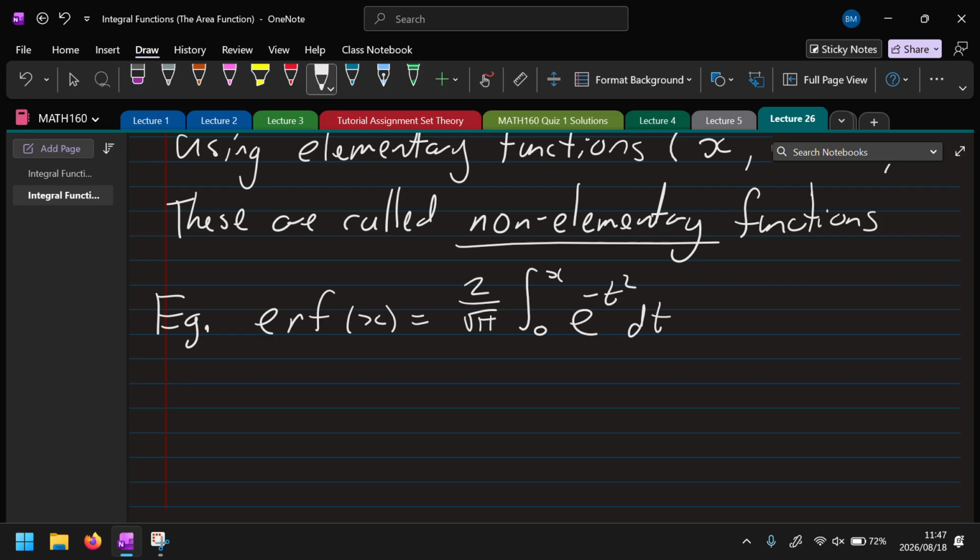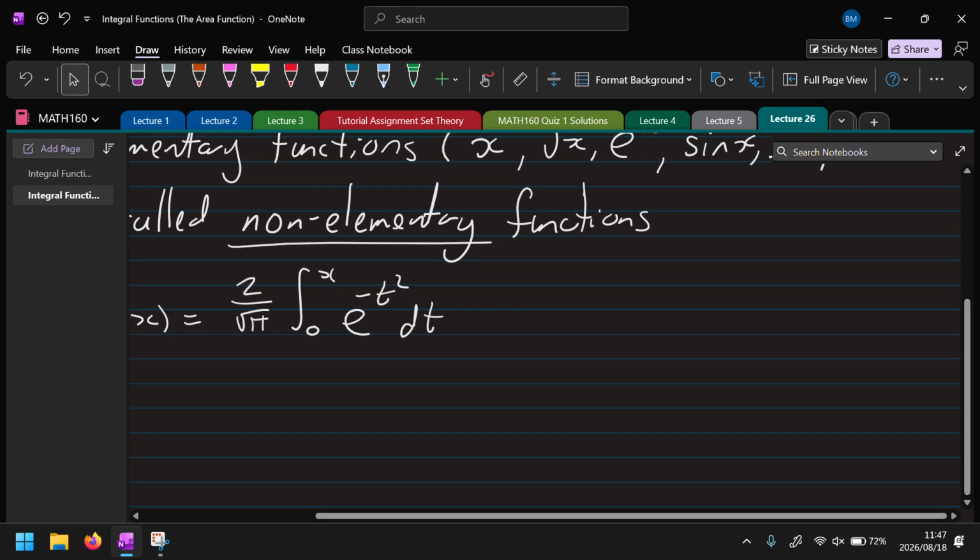There's a lot of stuff you can do with this, signal processing and all that funny stuff you're going to do later on. But basically, let's ignore the factors in front, the 2 over root pi. What we have is a function e to the minus t squared, which we can draw. It's not too complicated. It looks something like this.